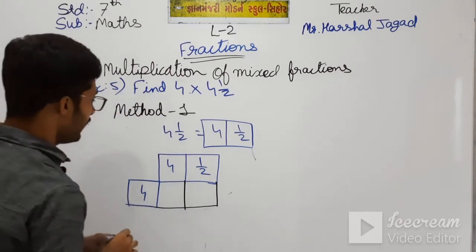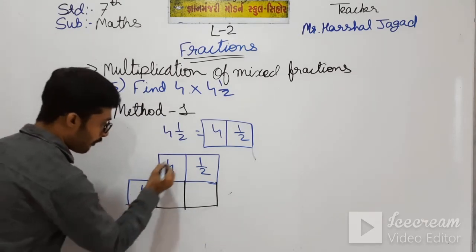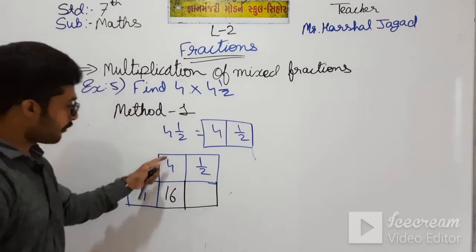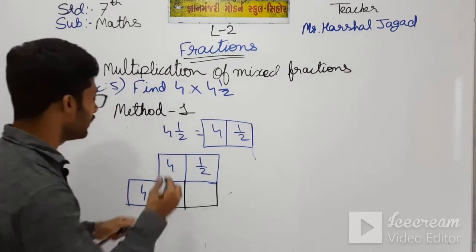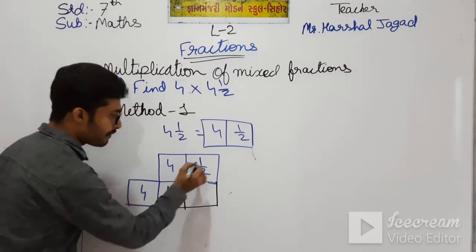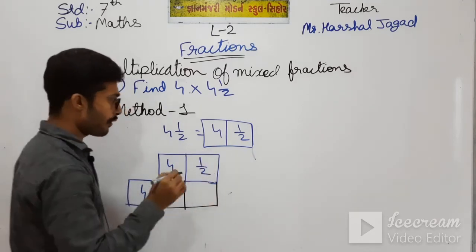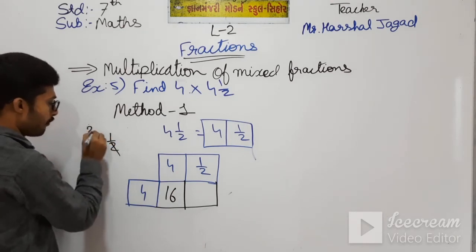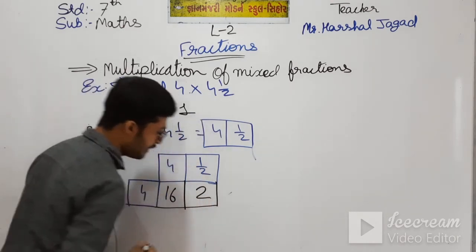Okay students, here first of all 4 4s are 16. And 4 into 1 and half, what will be 4 into 1 and half? That is 2 2s are 4. So what will come here? That is 2.